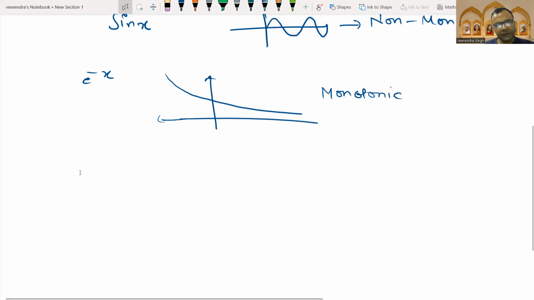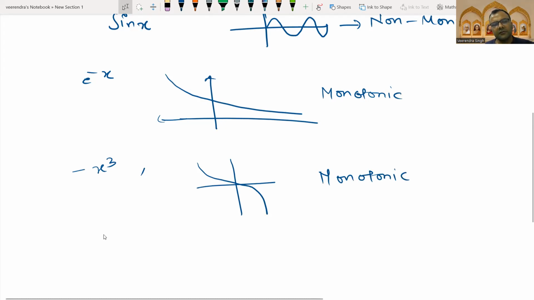If I take minus of x cube, the graph will be like this. So here also we can see that the values are decreasing. The curve of the function is decreasing. So it is monotonic.